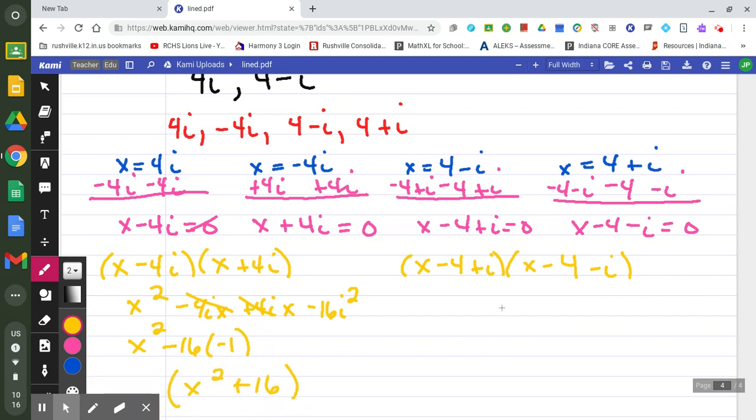And then over here, kind of make a little divider there. So x times x, x squared, x times -4, -4x, x times -ix, and then -4 times x, -4 times -4, -4 times i.